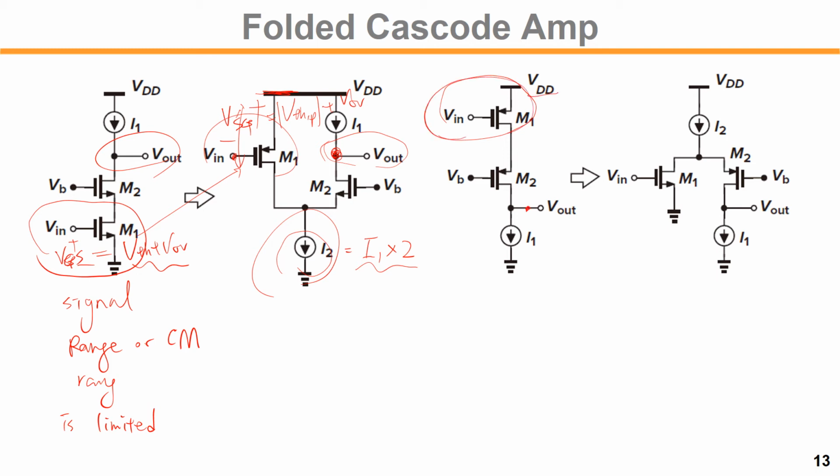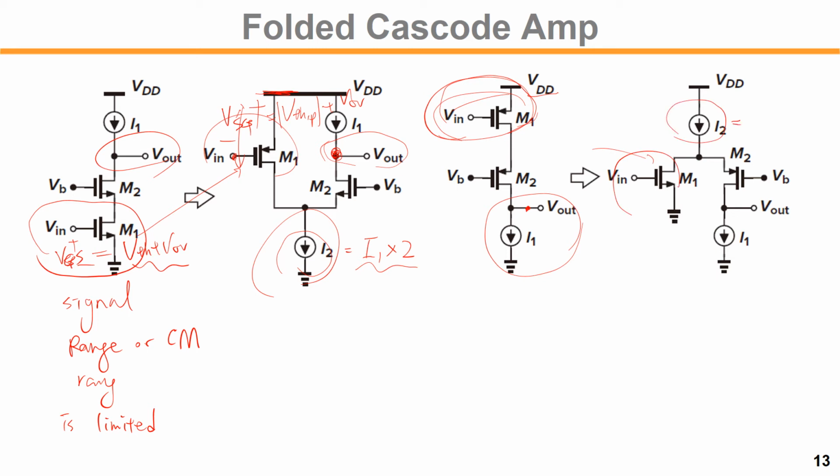The output signal range is below, lower, near ground. If you want to change your input again, you can fold that PMOS with the NMOS and add the current source.